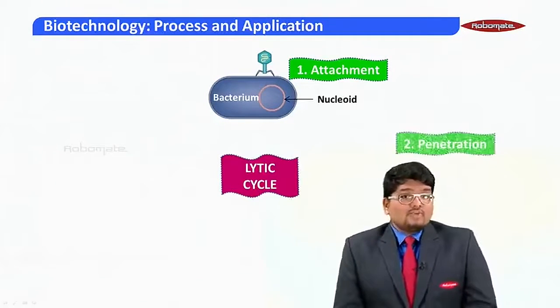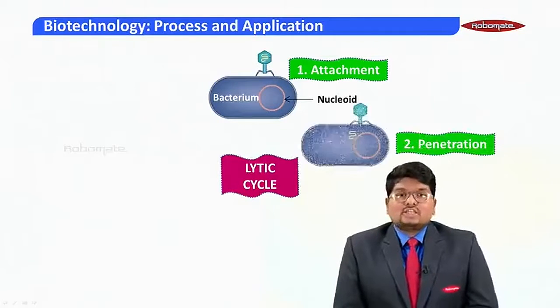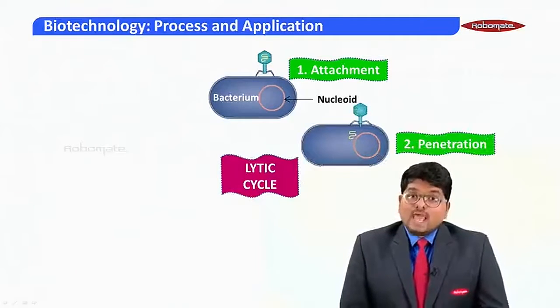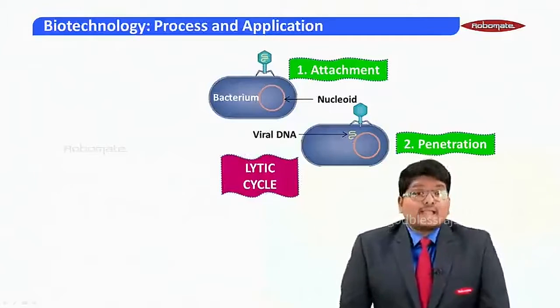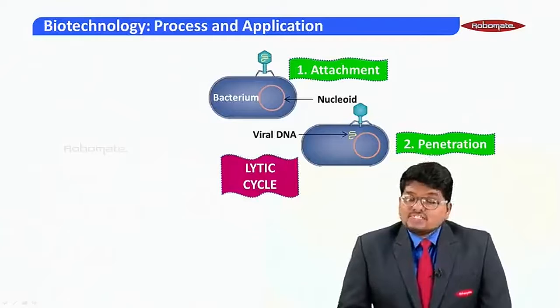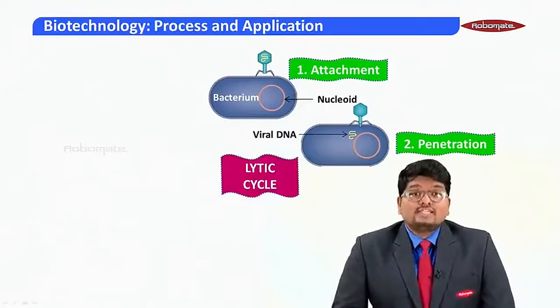So now let us move ahead and study the second step, which is called as penetration. So here can you see that the viral DNA has been inserted or penetrated into the bacterial cell? How is this achieved? This is achieved by the contraction of the tail fibers.